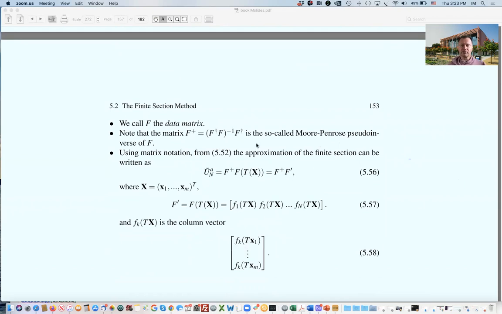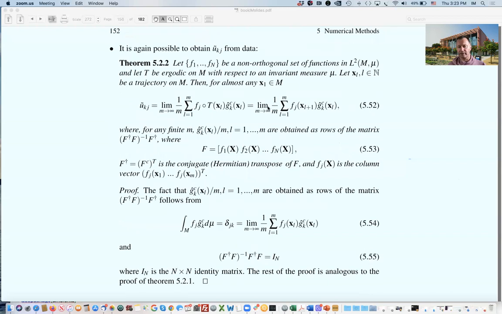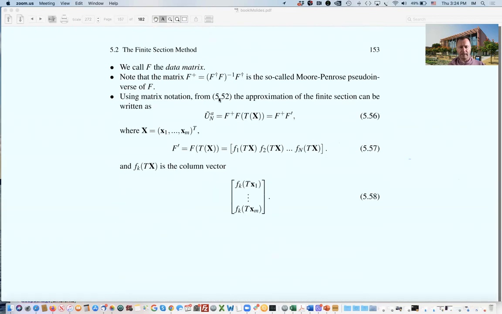All right, so now we have a new object, the approximation of the finite section. The finite section itself is obtained by this limit, of the components, elements of the finite section, when m goes to infinity. Now, if m is finite, then we'll put a hat on top, and so this expression gives us F of Tx multiplied by the Moore-Penrose pseudo-inverse.